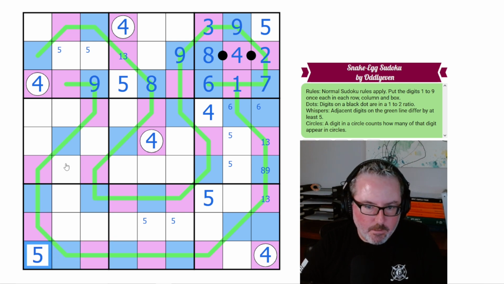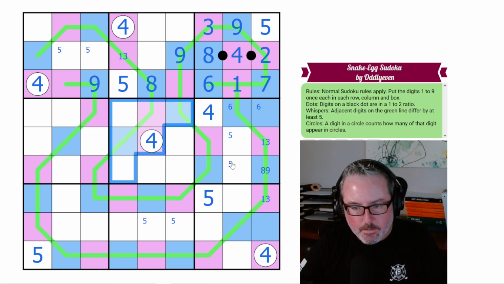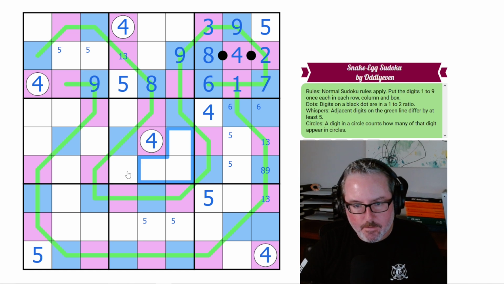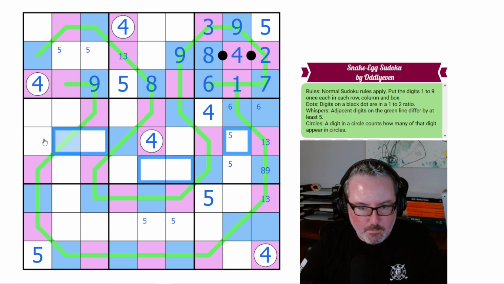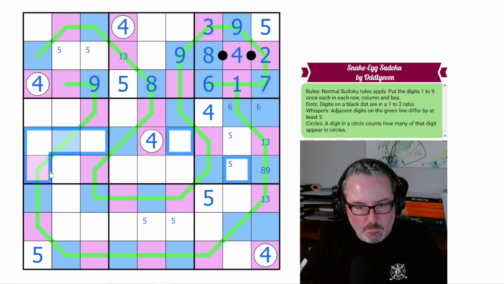Let's keep going here then. We have an X-wing on 5s here. What an X-wing is essentially is we know that one of these has to be a 5 because all of these are ruled out. And we know that one of these is a 5. So if I put a 5 here and a 5 here, that removes 5 from all of these. If I put 5 here, that would force a 5 here, and we remove all of these again.